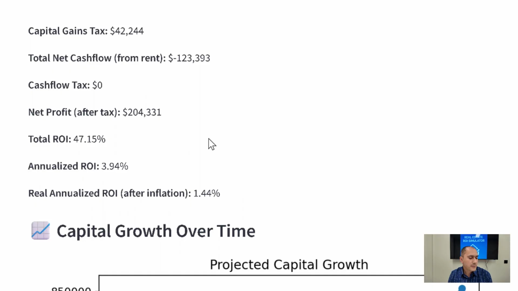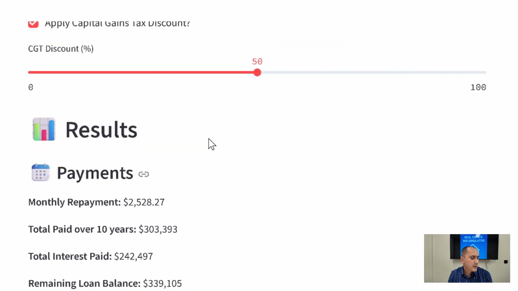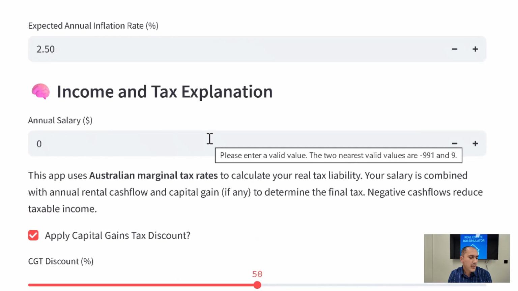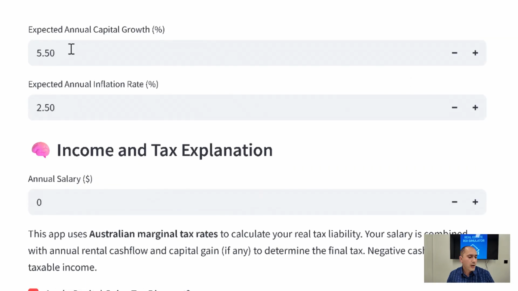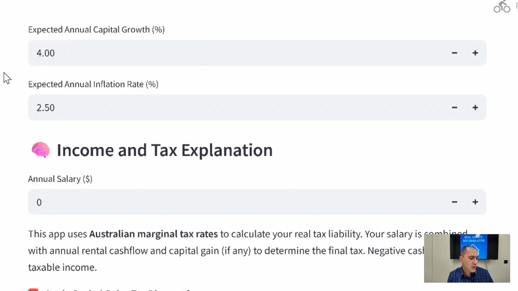But let's play a little bit with some factors here, such as expected annual capital growth. Let's assume the investor, the buyer, is buying an investment property in a suburb where the growth rate is only 4%.